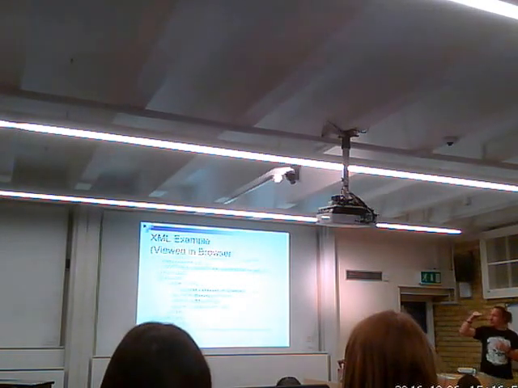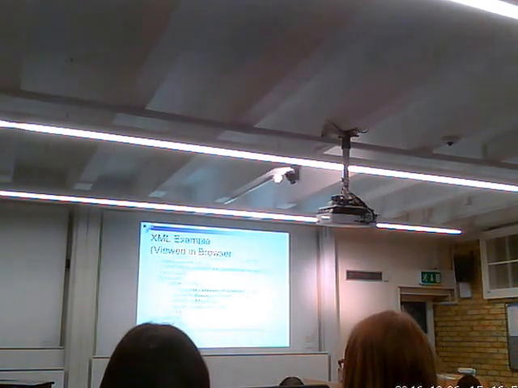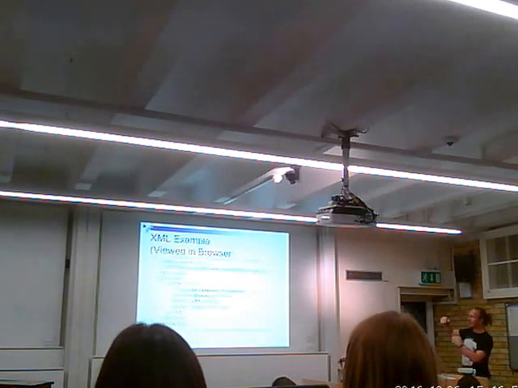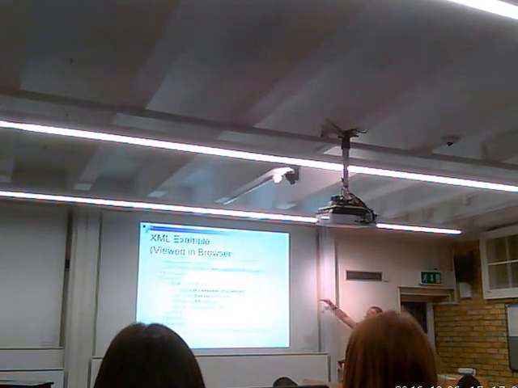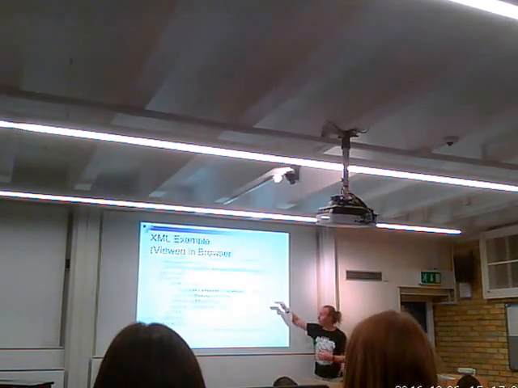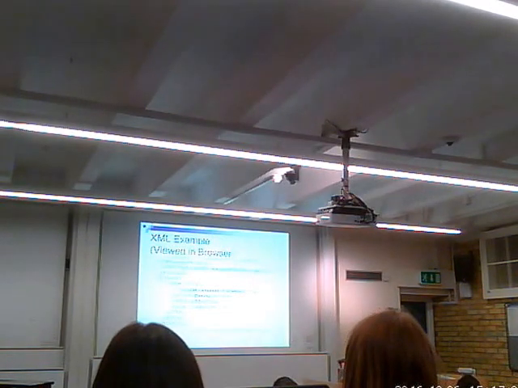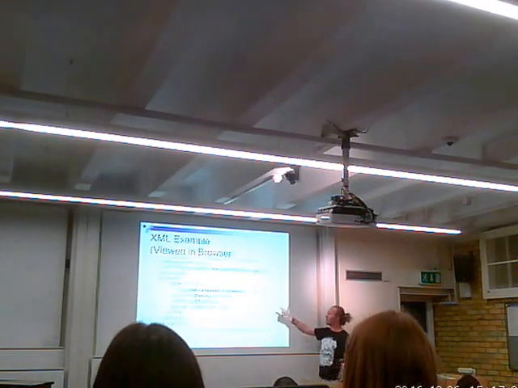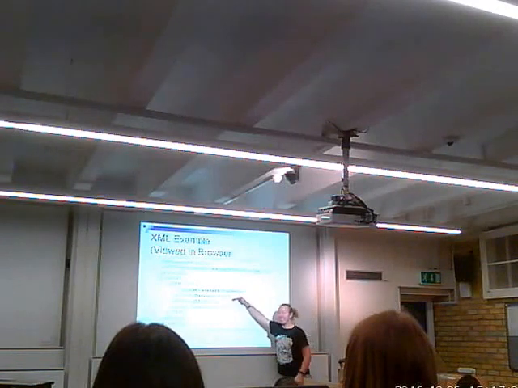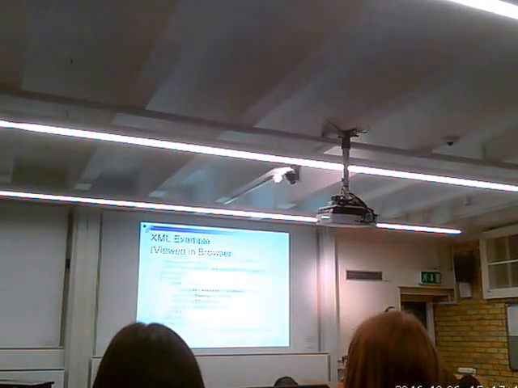Between those, we've got another set of elements. So we've got item, and within item, between the item opening and the item closing, we have title, author, price. But note each of those is next to each other, rather than inside each other.